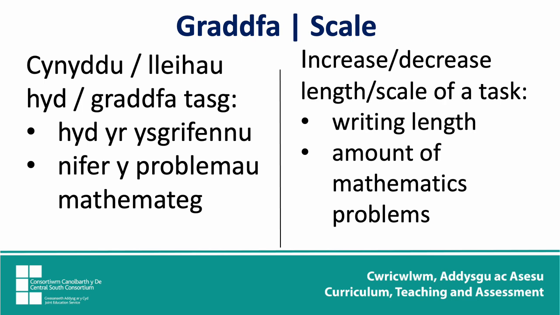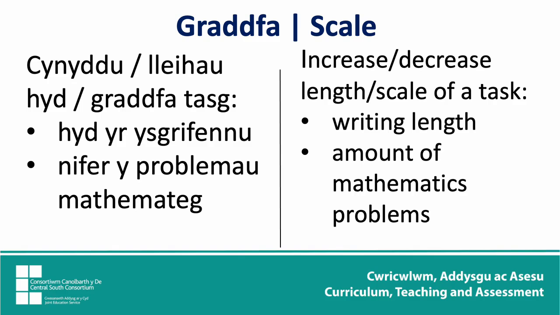But that task hasn't changed. It's the same list of equations, the same list of questions. It's just using it in that adaptive way so that everyone has the chance to approach the challenge with the appropriate scaffolding. And in that case, the scaffolding is an increase in the scale of the task because they're having more practice.